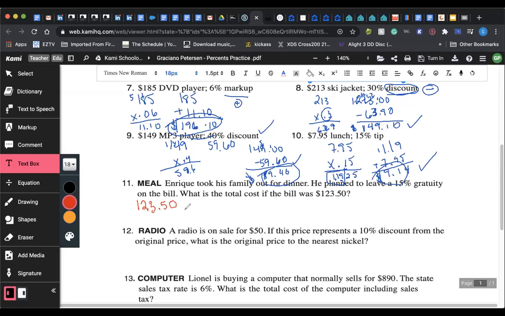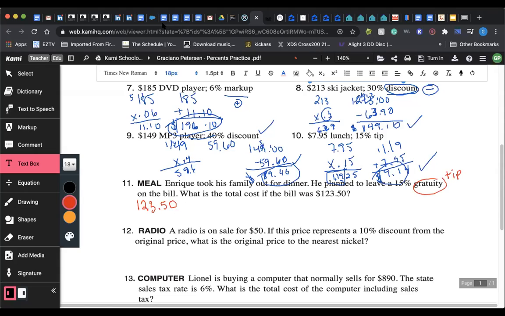He's adding a 15% gratuity, and a gratuity is just another word for tip, right? So what's his total going to be? All right, Toya said his total is 142.02. Great.